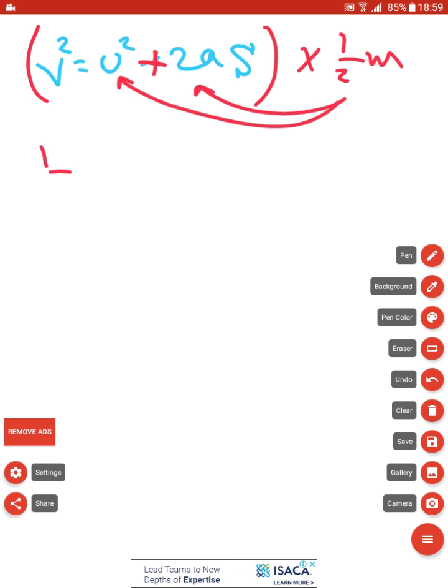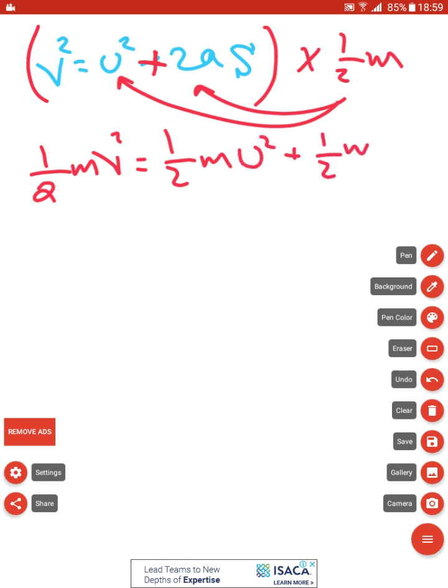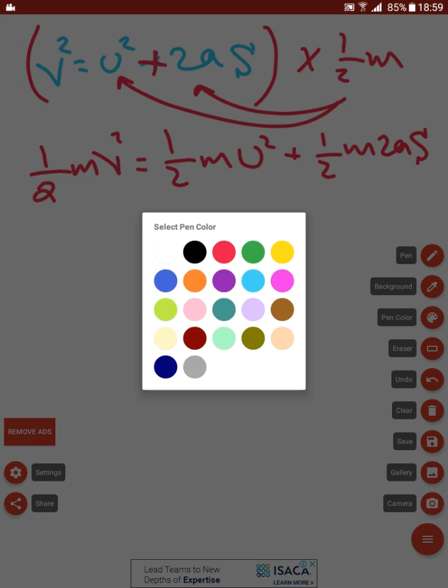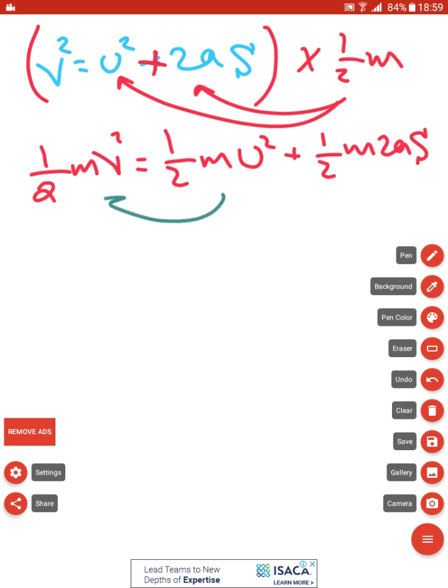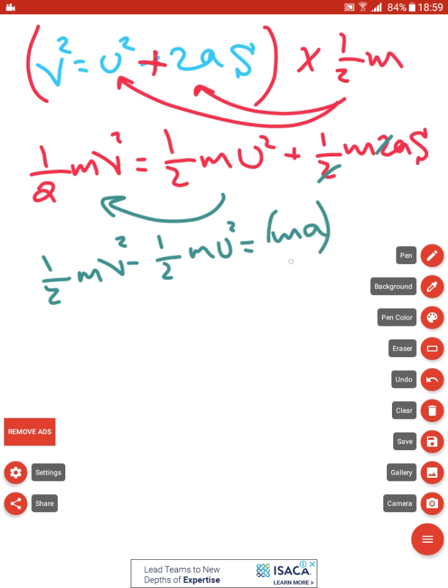Now we have half m v squared equals half m u squared plus half m times 2a times displacement. Now take this to the other side. We have half m v squared minus half m u squared equals, with the 2 cancelling, m a multiplied by displacement.